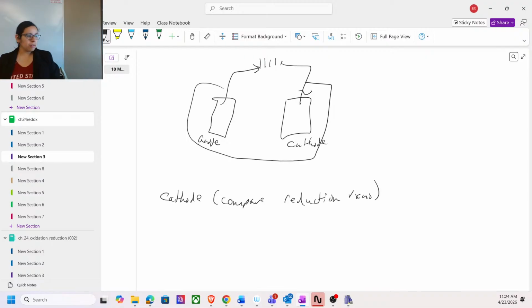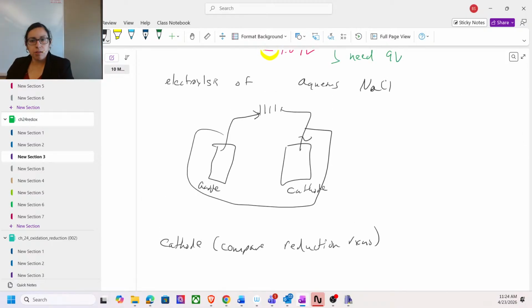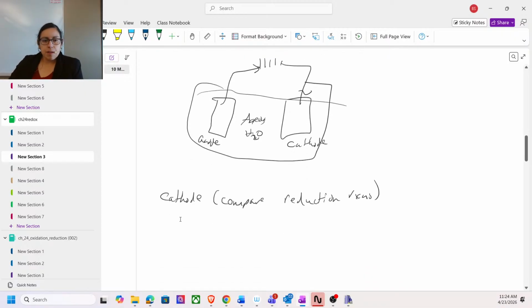In this system we have sodium chloride, but then of course we're aqueous now, and so there's a bunch of water just floating around. So that is a competing reaction, and that's what you did in lab.